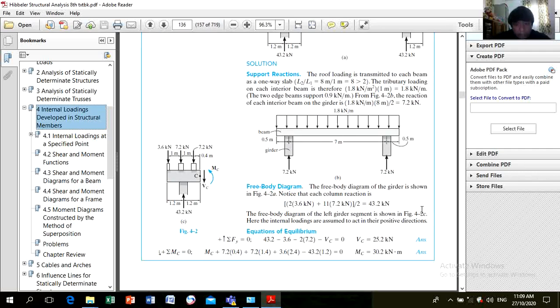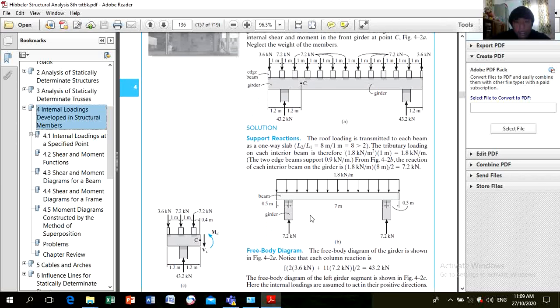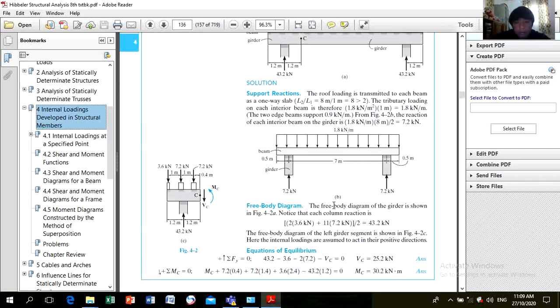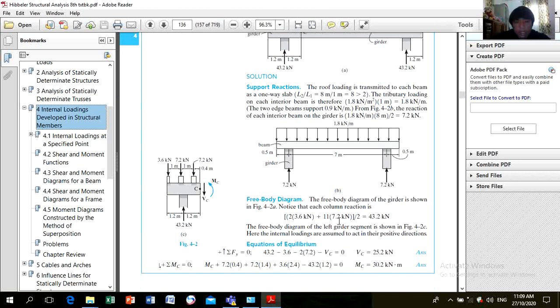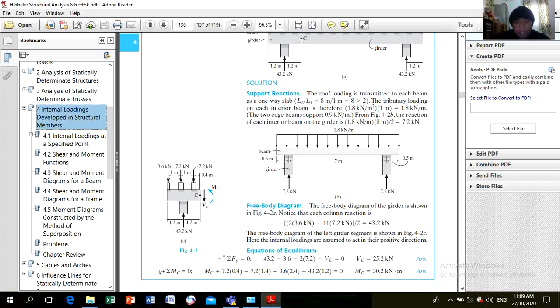So now, the free body diagram of the girder is shown in figure 4-2a. So 2 times 3.6 plus 11 times 7.2, divided by 2, is 43.2.